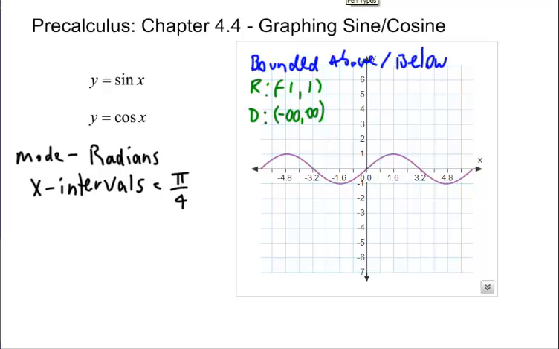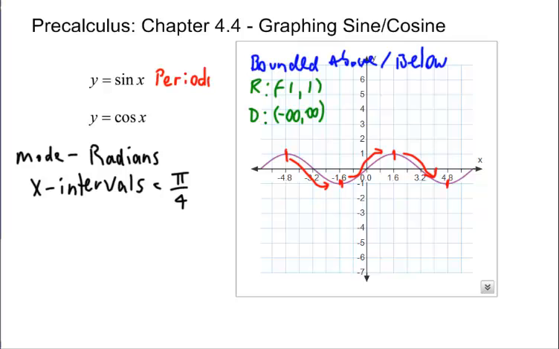Okay. One of the other things you might notice too is that this guy has periods of falling and rising. So it decreases right here, it increases right here, it decreases right here. These things happen on a regular basis, and we're going to say that our sine curve is periodic.